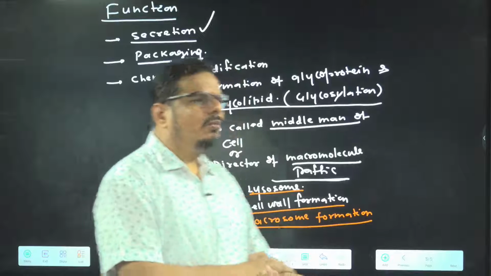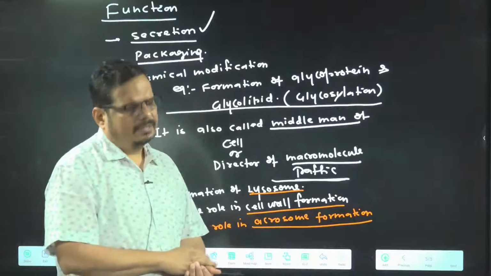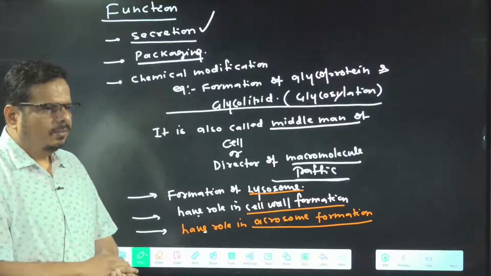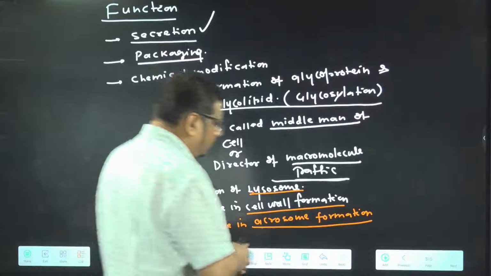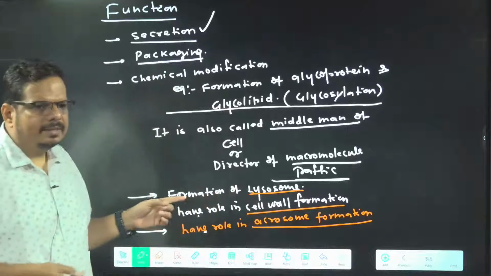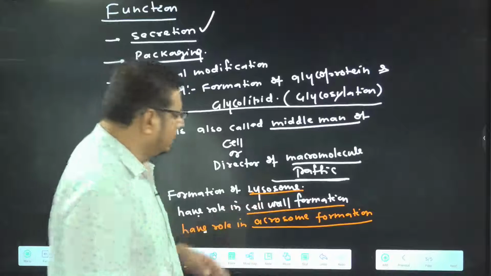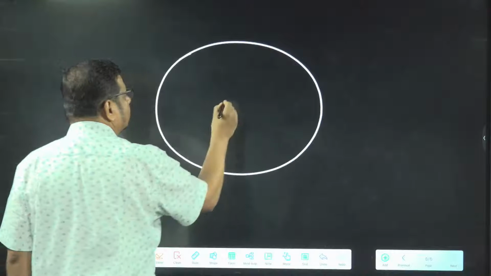Now actually look what happened, try to understand what actual story occurs. Should I change this slide? Are you getting the idea? Yes. The actual story is, this is the cell. This is the nucleus.